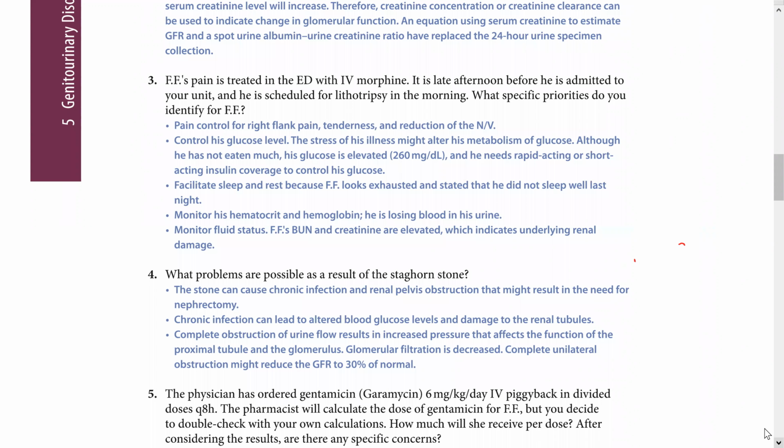Shouldn't it be 251? So if it's 755 per day, and she's getting it every 8 hours, then we would have to divide that by 3, because 8 goes into 24 3 times, and it would be 252 milligrams per day.